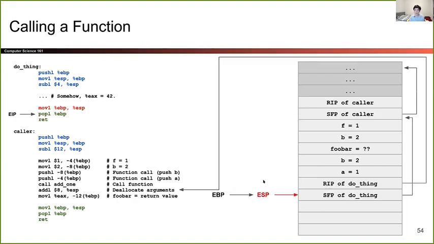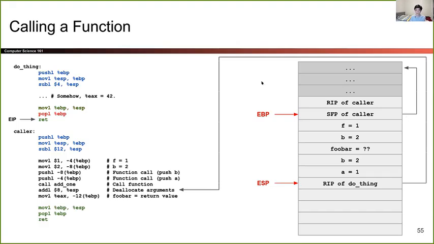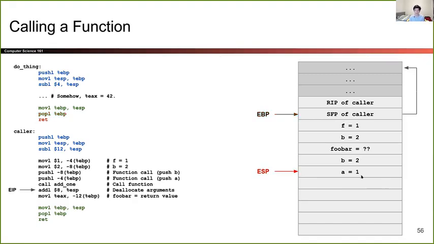So I know that we saved the original value of EBP on the stack. So now we're going to restore it. We're going to pop this value off the stack, which is our saved EBP, and store it back into EBP. So we're restoring the value of the EBP up here. And then when we return, we do the same thing.